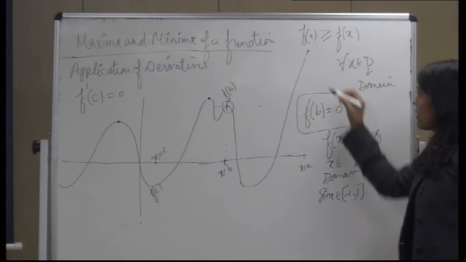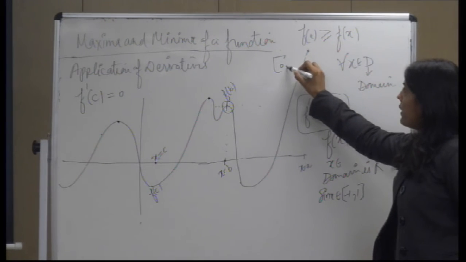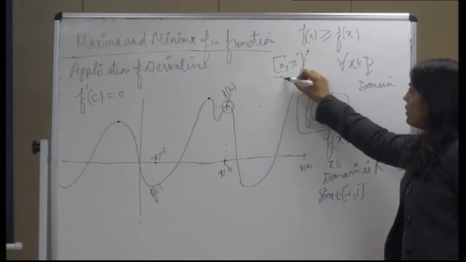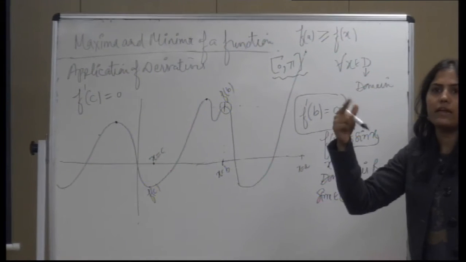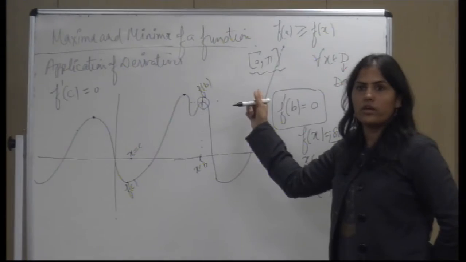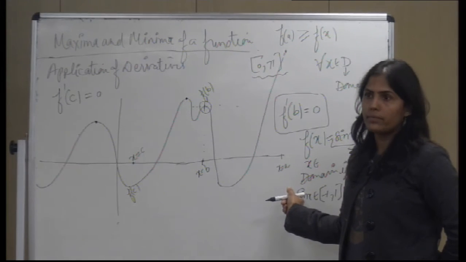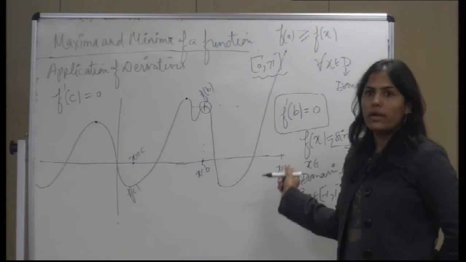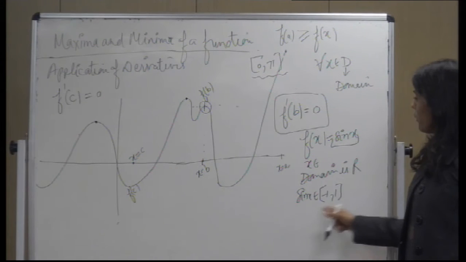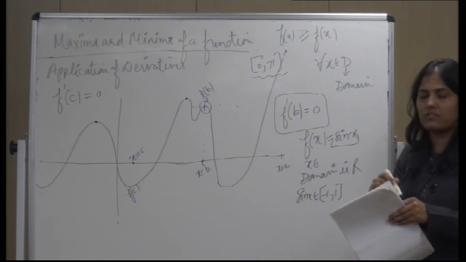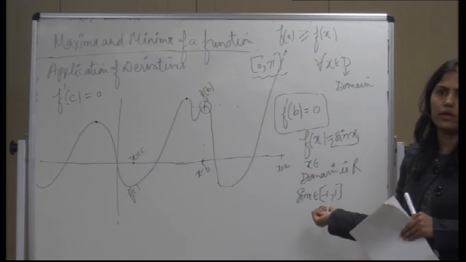If somebody asks you between 0 to pi, tell me the points where sin x will take the value 1. So you can check out all those points. But on R there are infinitely many. If I ask you, on R, tell me the points where sin x takes the maximum value, you know there are infinitely many points.